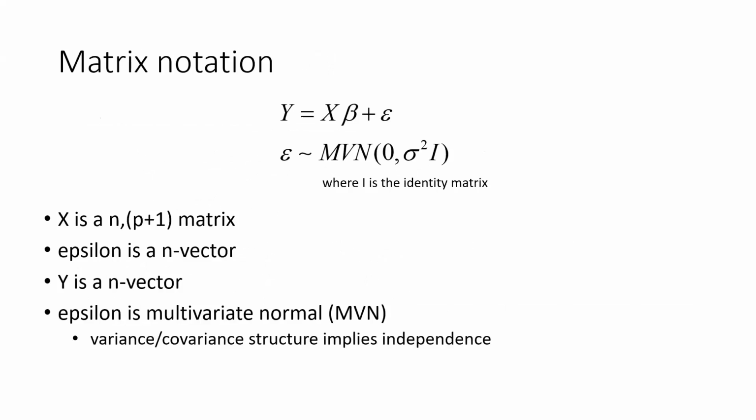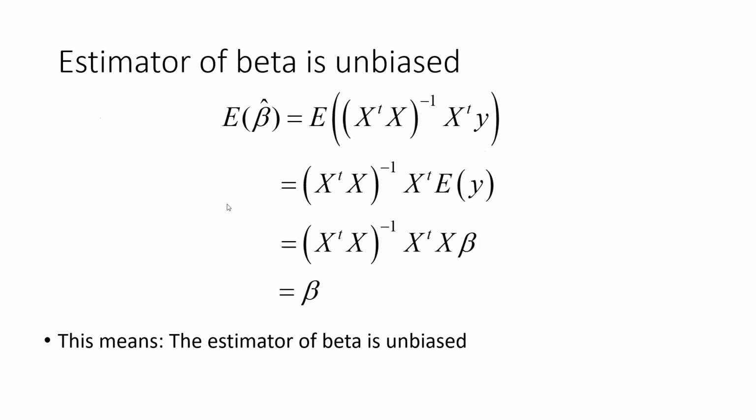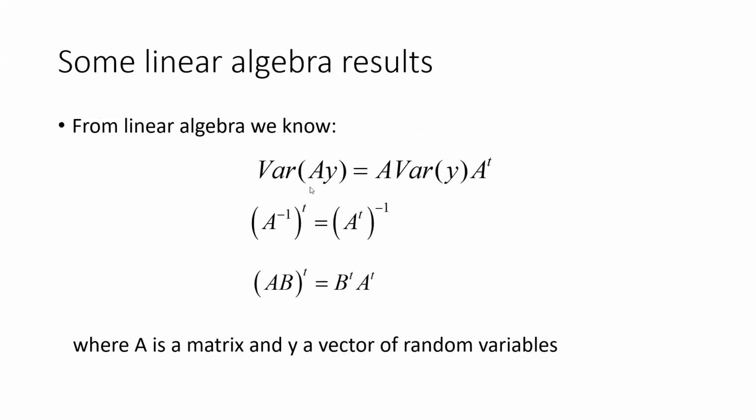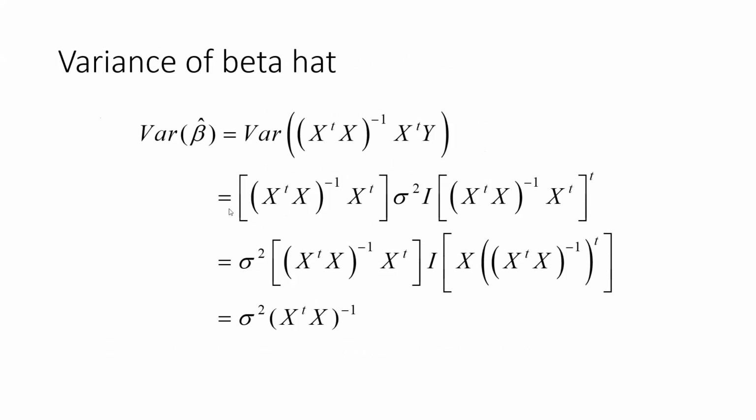All right, so this next little section is about the expected value of beta hat, where beta hat is the estimator, turns out to be beta. So the estimator is unbiased. That's beautiful. The math is here. Then this is some linear algebra that you need to go look at.